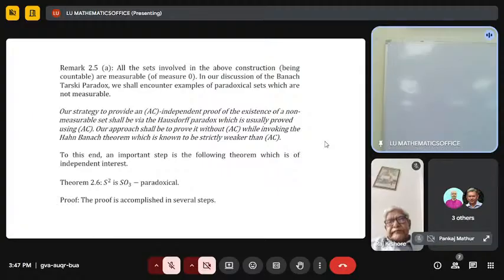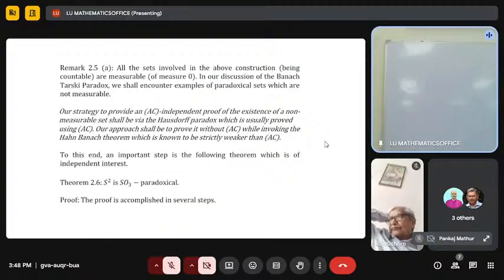So this is it. Now, why does it happen? Again, because of the axiom of choice. And it turns out that the unit sphere in R3 is paradoxical. This SO3 paradoxical means that you can divide the football. S2 is the surface of a sphere, which means a football, volleyball. And what happens?